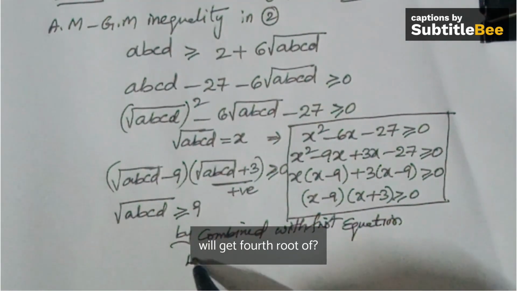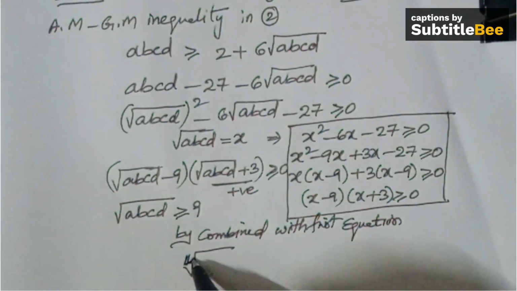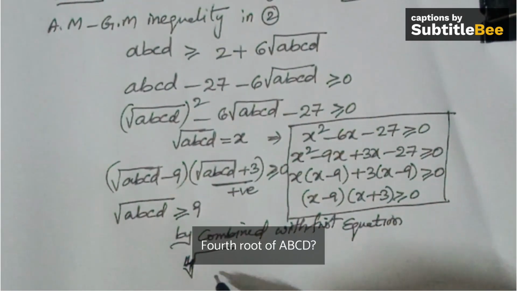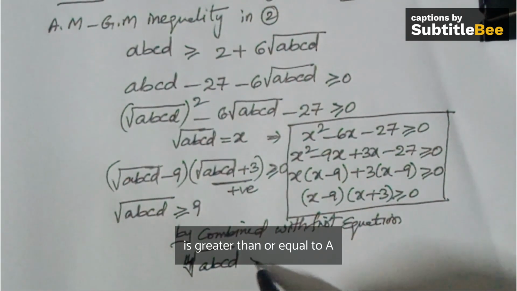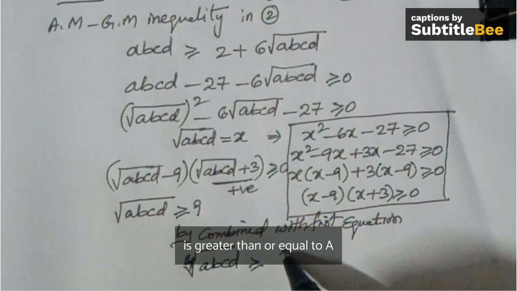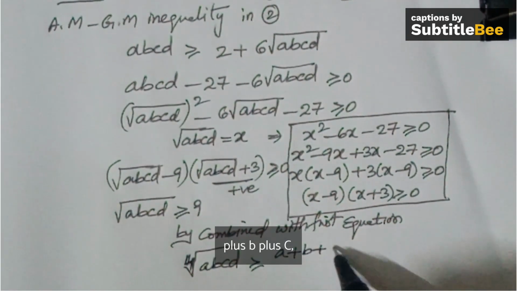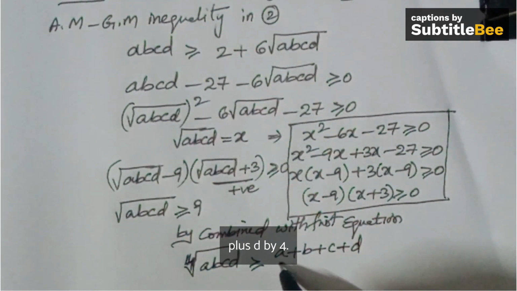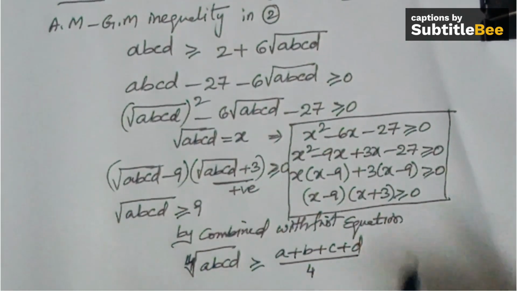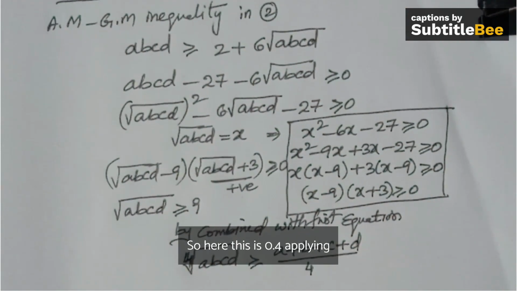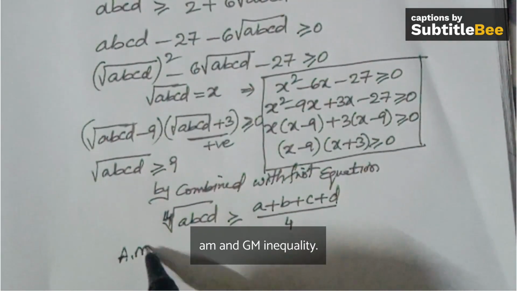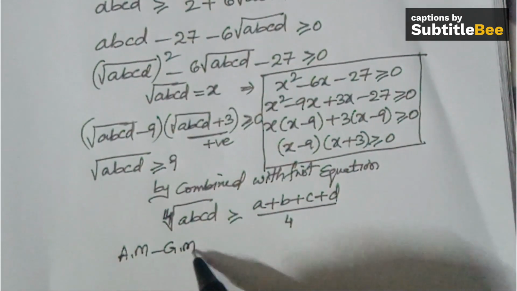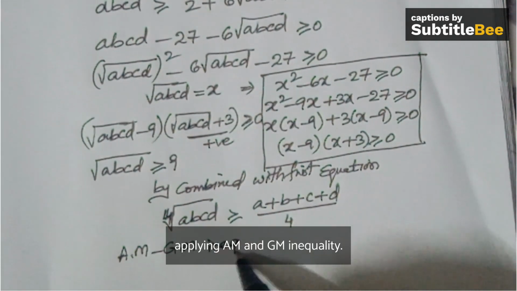What we get is the fourth root of ABCD is greater than or equal to A plus B plus C plus D by 4. So here we are applying the AM-GM inequality.